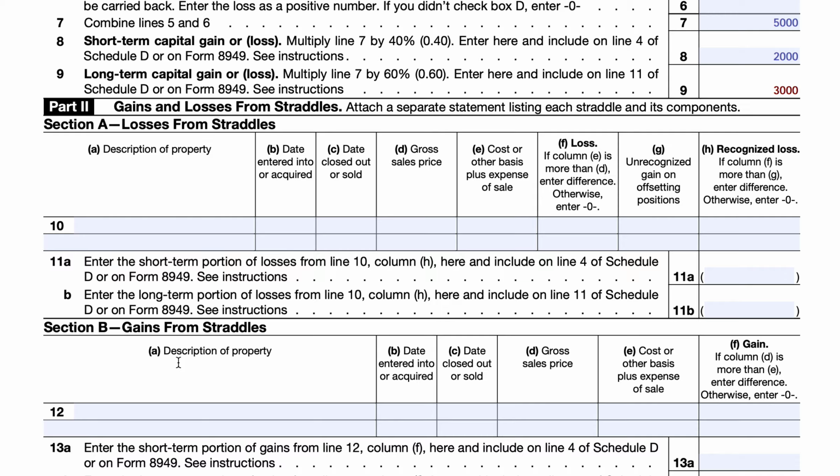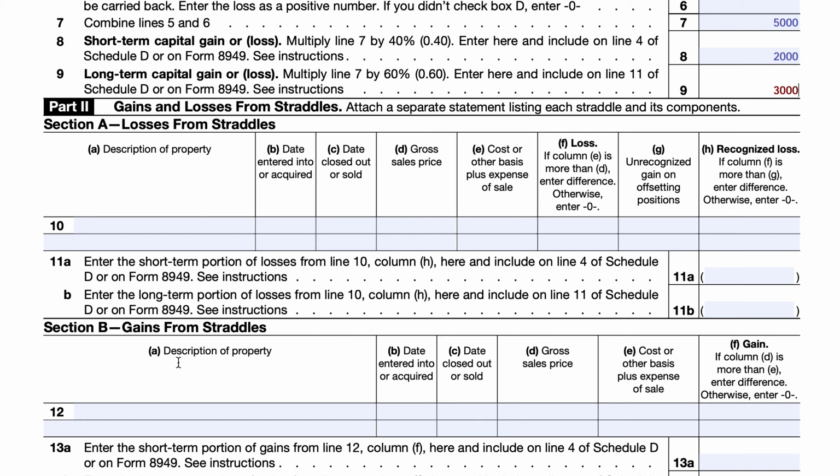Section B, you're going to use that to calculate gains, but you would not include any of the following in Part 2. Don't include a position that's part of a hedge. Don't include a loss position that you established before October 22nd, 2004, unless you disposed of all the positions making up that straddle.